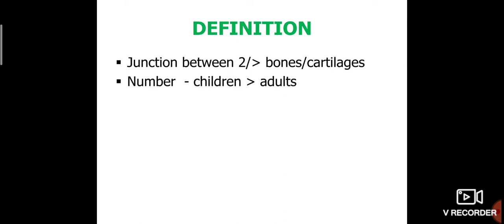The number of joints in children is more when compared to the joints present in an adult, because in children the number of bones is more. Why?